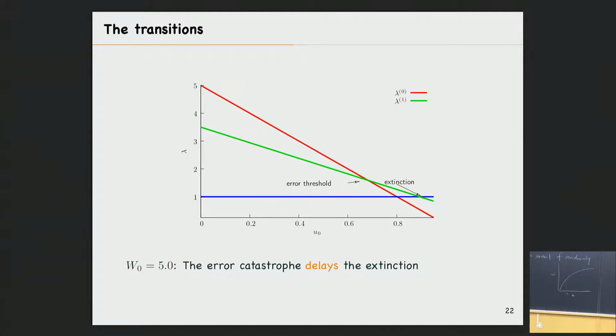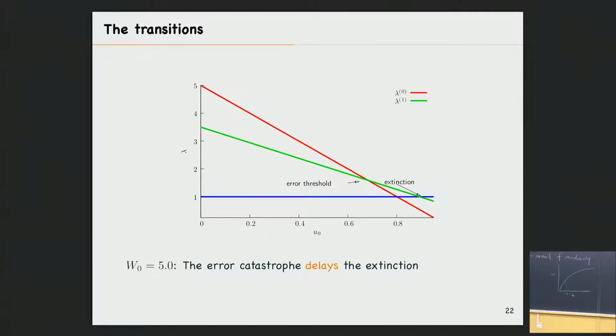And the condition for the error threshold is that essentially the wild type, taking into account its rate of mutation, should reproduce faster than the first mutant. So the error threshold is here when the mutation rate times the selective advantage of the wild type equals 1 minus the mutation rate times the selective advantage of the first mutant.